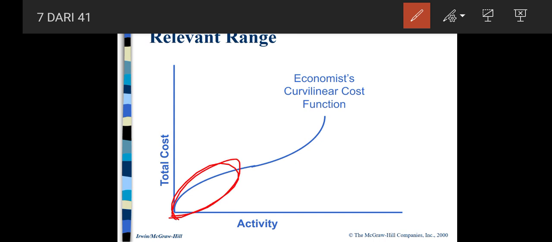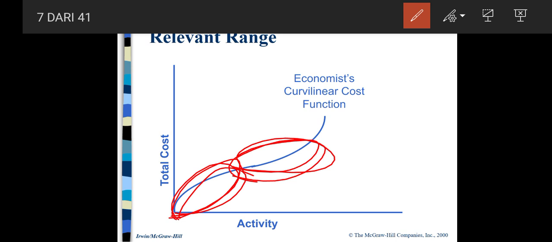And then when it reaches the mid range, the company will need more workers. Untuk memenuhi mid range, ini kan produksi normal. Nah, mid range-nya produksinya lebih dari normal, di mana kalau lebih dari normal berarti butuh lebih banyak pekerja. Jadi dia akan merekrut pekerja lagi.